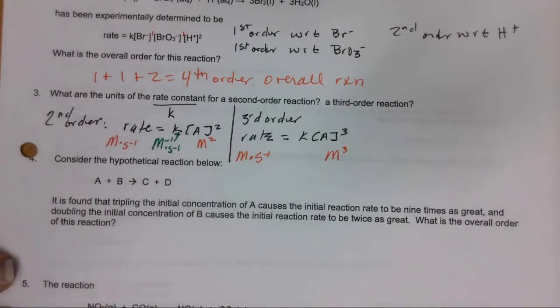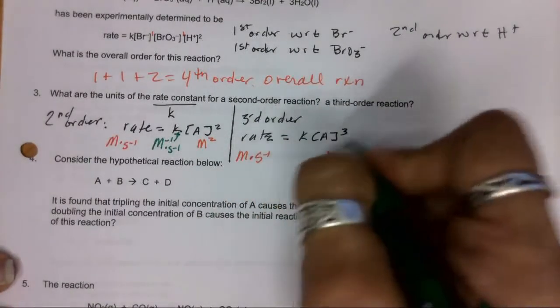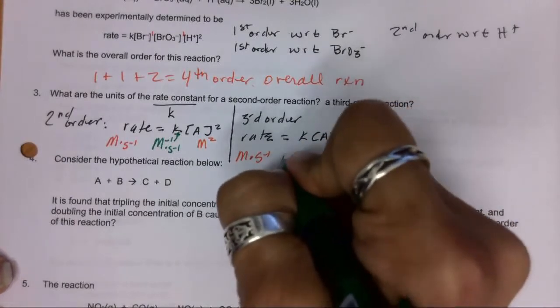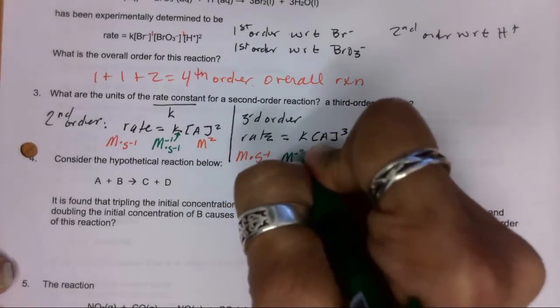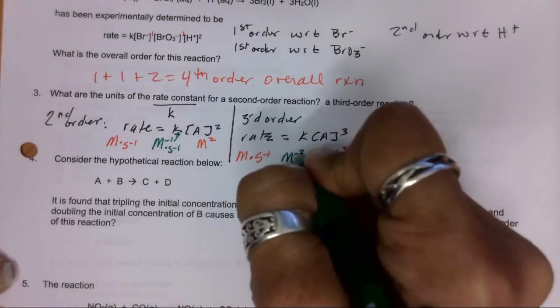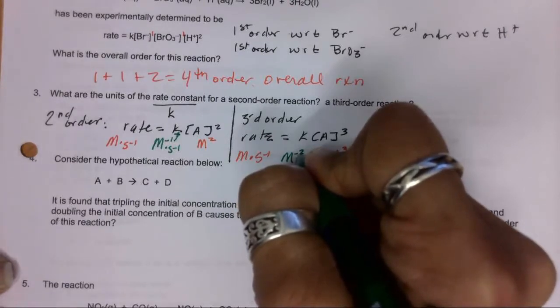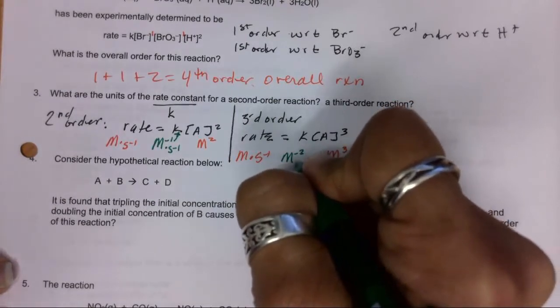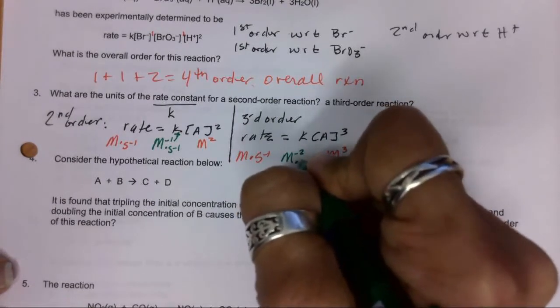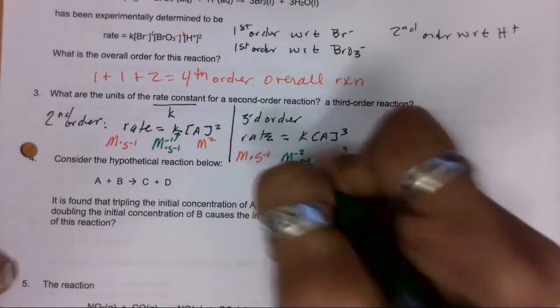So what does K have to be in this case? You don't have to memorize this. You just have to think about it logically. It has to be moles per liter per second, right, raised to the power of -2, per second, right?